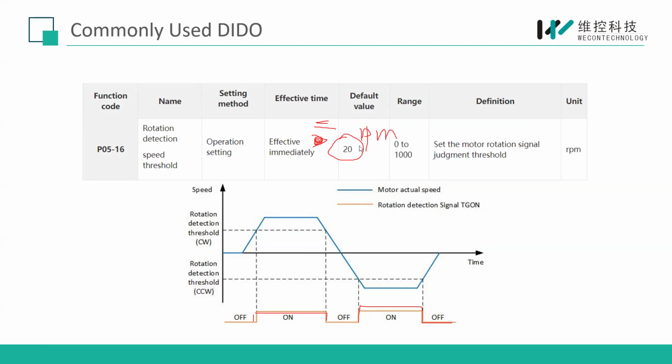So in a word, it means the driver will think the motor is rotating only when the motor speed is bigger than 20. Otherwise, the driver will think the motor is not running.